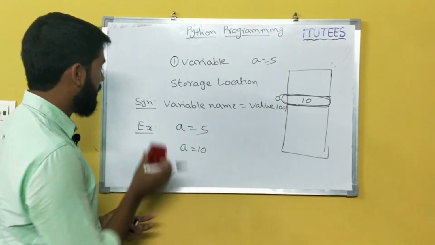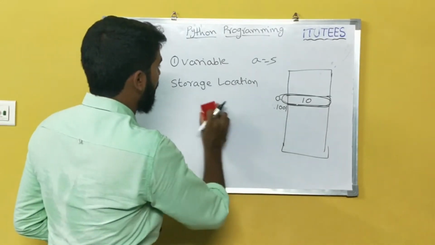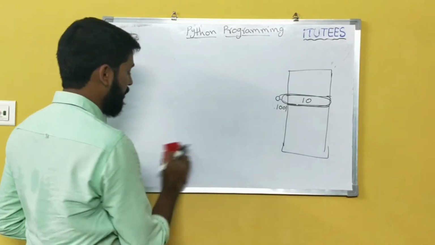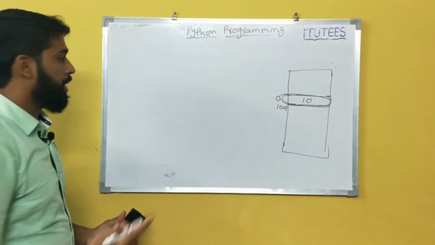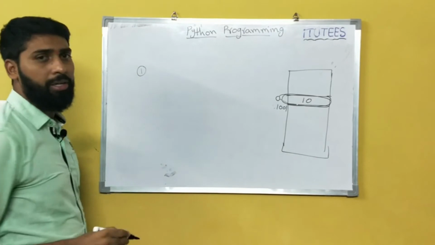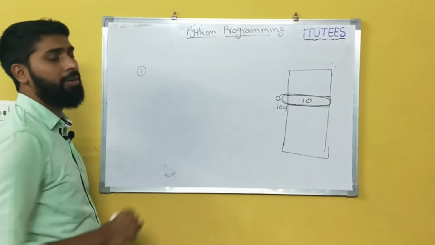Now we see what rules we follow when defining variable names. There are 3 important rules when we are defining a variable.